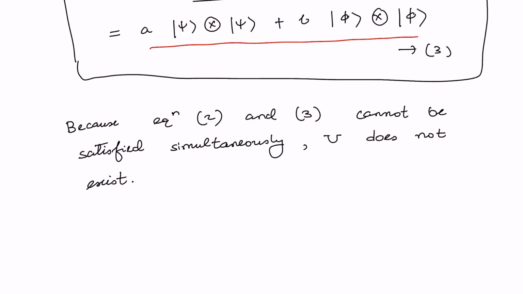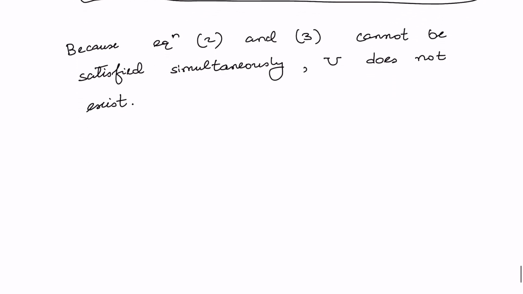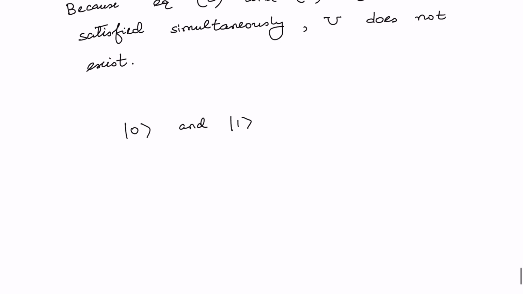For example, if the states that are going to be cloned are limited to say |0> and |1>, we can definitely clone them. We can copy them because we know |0> and |1>, they are no longer arbitrary, and this is the reason why we have this kind of an operation.